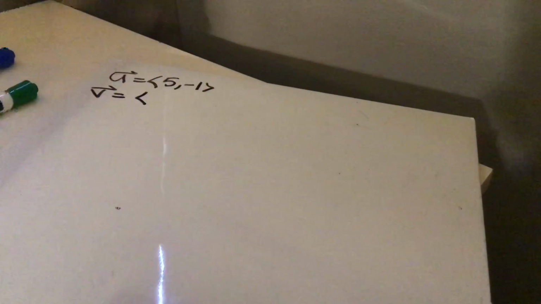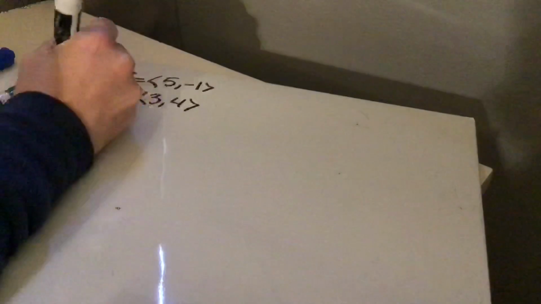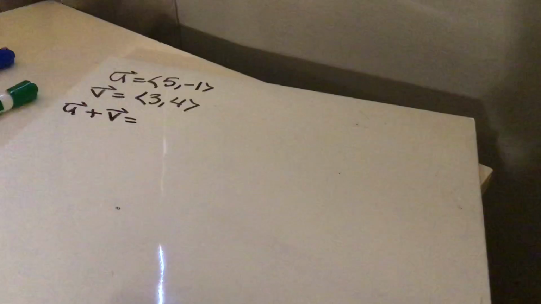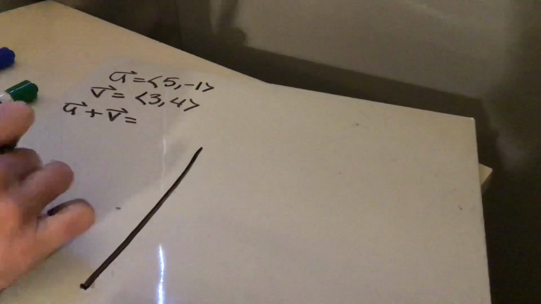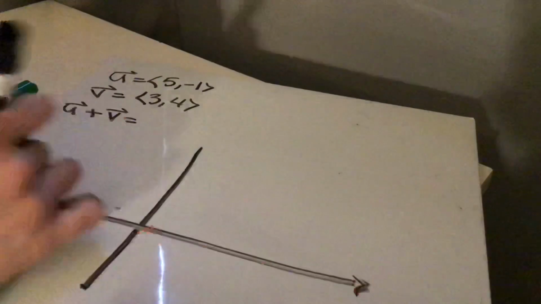So we're going to say vector U is defined as ⟨5, -1⟩, and vector V is defined as ⟨3, 4⟩. If I want to find vector U plus vector V in the coordinate plane, a vector tells us how to get from one place to the other.